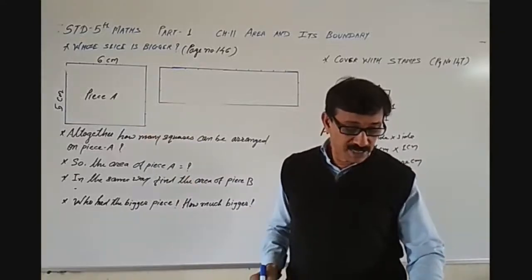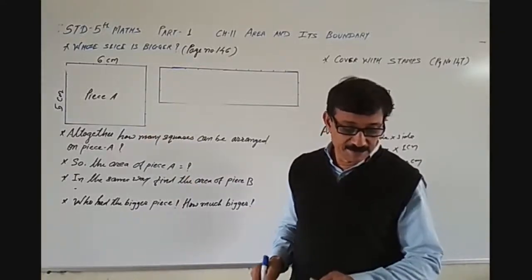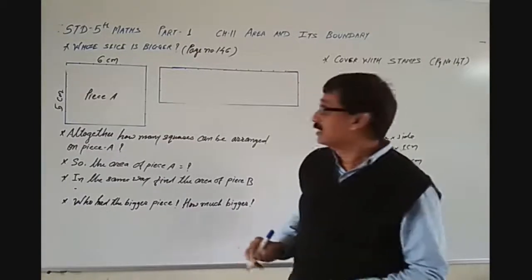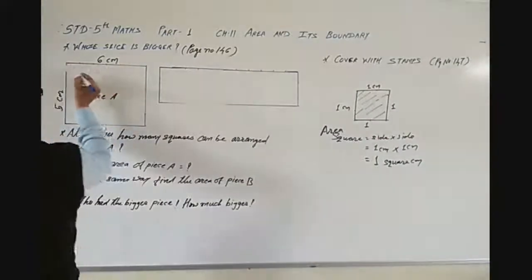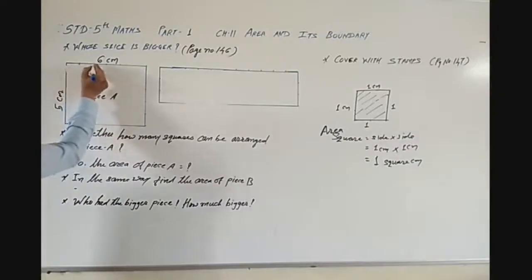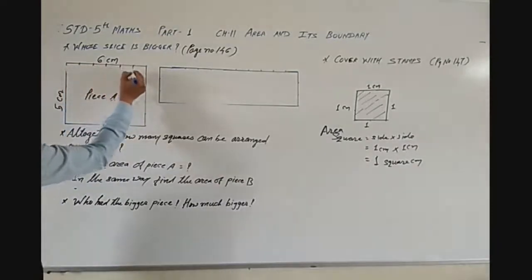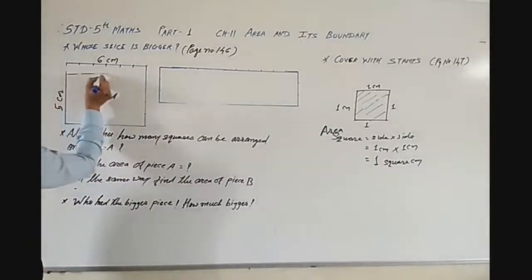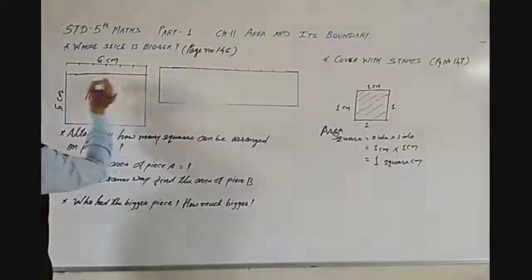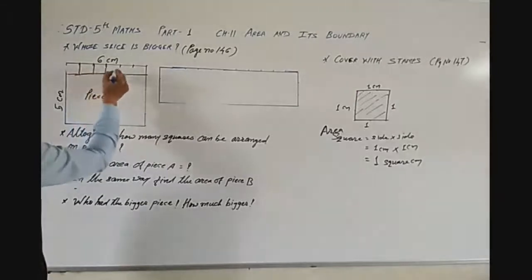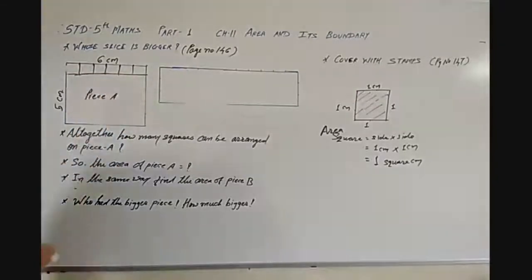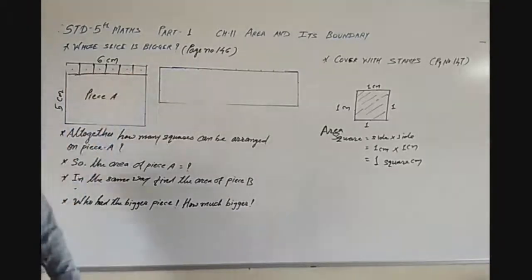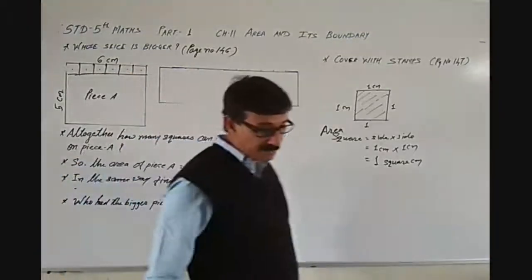So 6 squares of 1 centimeter can be arranged along its length. See, it is 6 centimeter. You can see 1, 2, 3, 4, 5 and 6 centimeter. So we can use 6 squares, 1, 2, 3, 4, 5, 6 squares of 1 centimeter on each side.